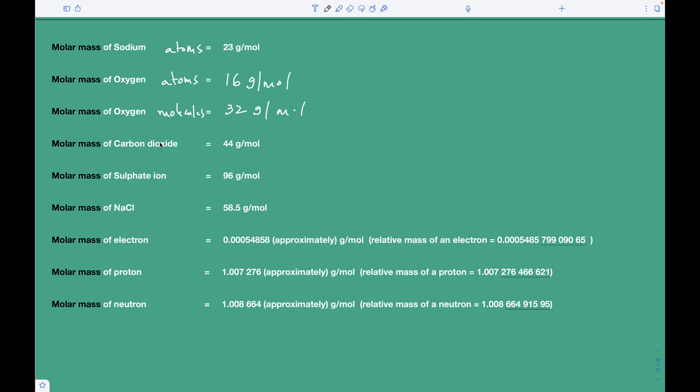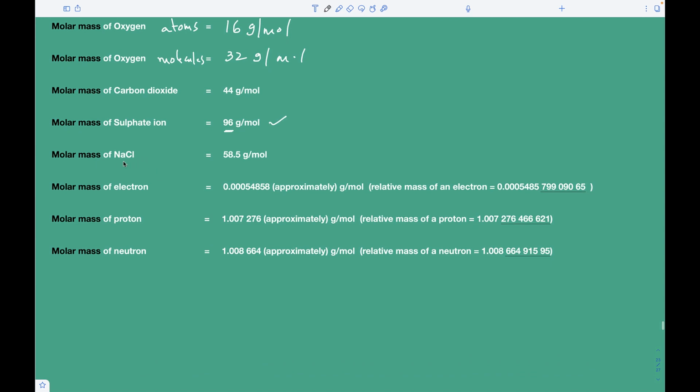And the molar mass of carbon dioxide similarly is equal to its molecular weight in gram per mole. And molar mass of sulfate ions is equal to its ionic weight or relative ionic mass in gram per mole. And the molar mass of sodium chloride, an ionic compound, is equal to its formula weight or relative formula mass in gram per mole.